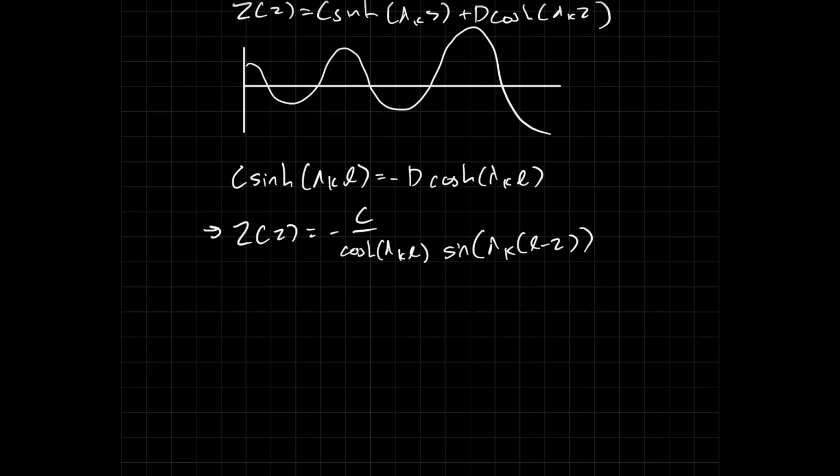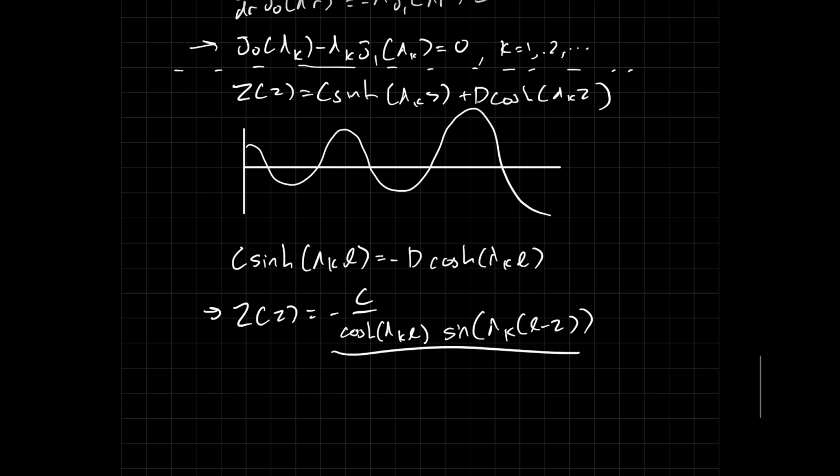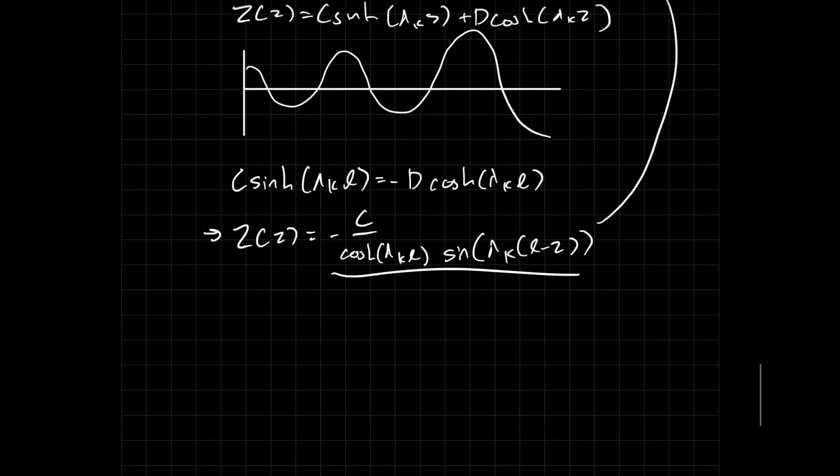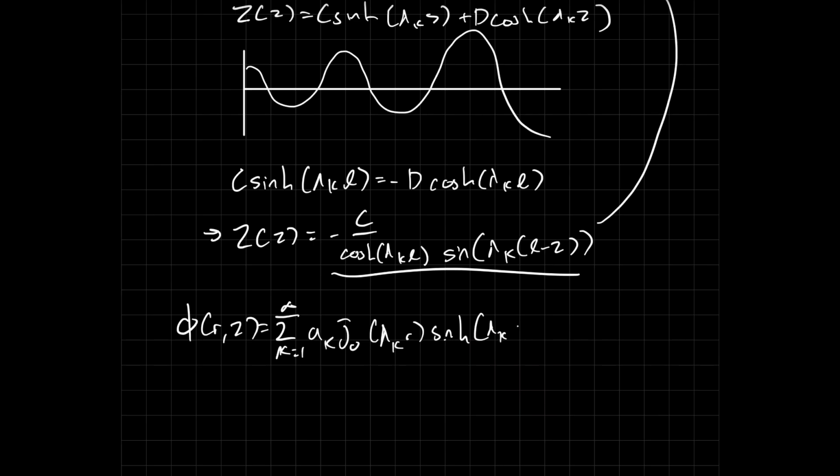And now you can simply put everything from here back together with what you saw from above to get the equation, which is phi is going to equal the sum from k equals 1 to infinity of A_k, and then the Bessel function, times sinh, where the constants are going to be determined.